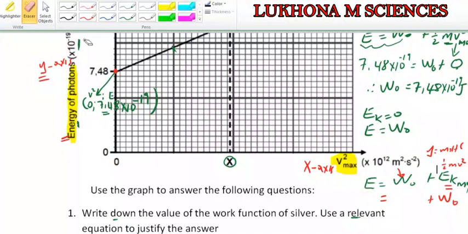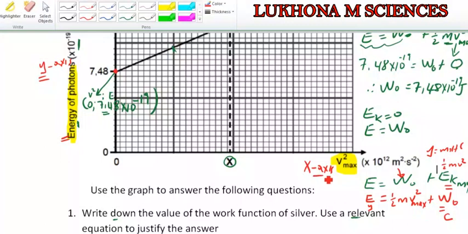This is supposed to be E. This is our E, which is in place of y. Then the work function is our y-intercept, because we said c is the y-intercept. Then in our graph, let's change it: it's 1/2 mv squared max.